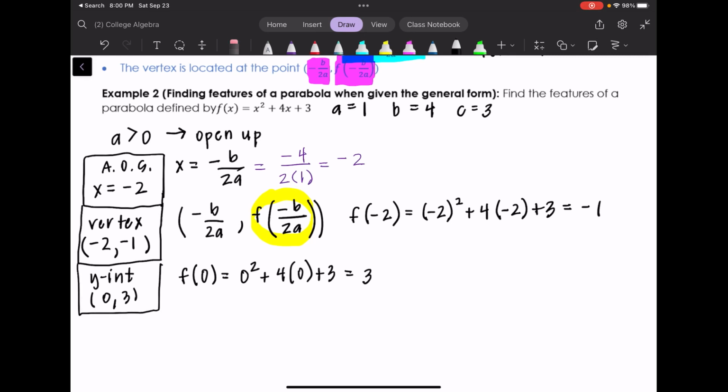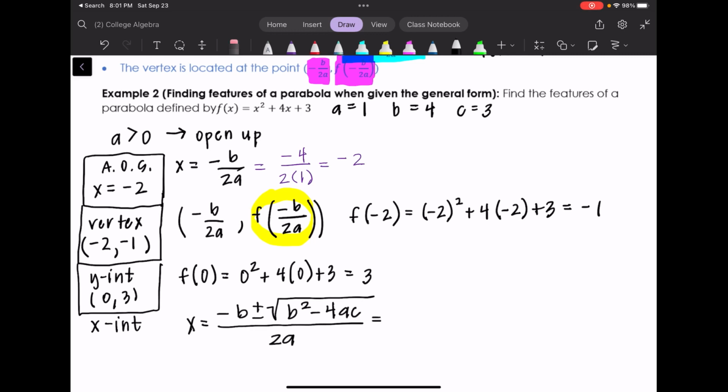And then we're going to find the x-intercepts. Remember from our little bulleted list earlier, the x-intercepts are given by x equals negative b plus or minus the square root of b squared minus 4ac, all over 2a.